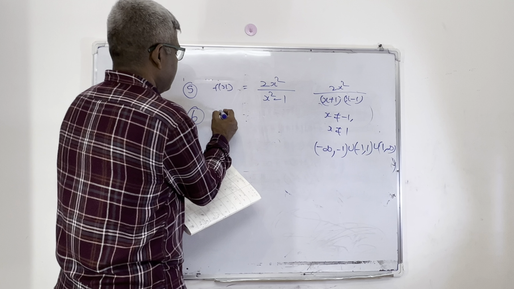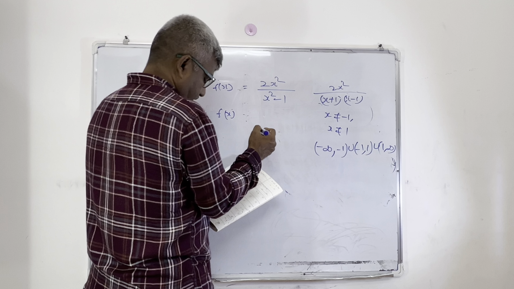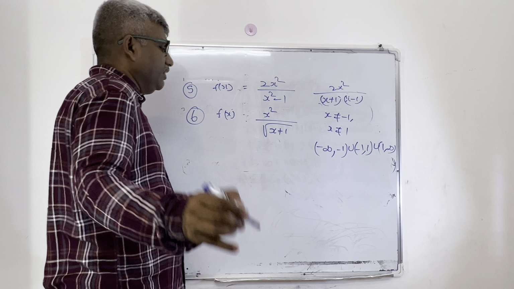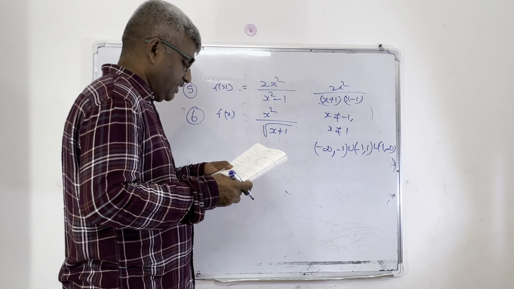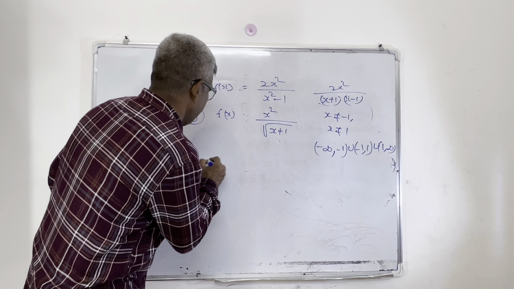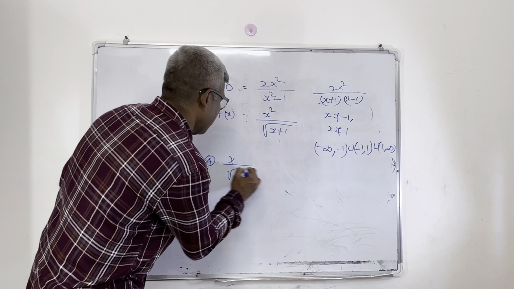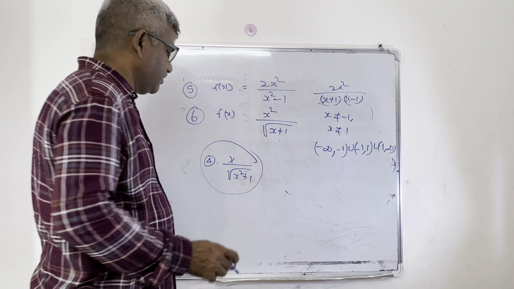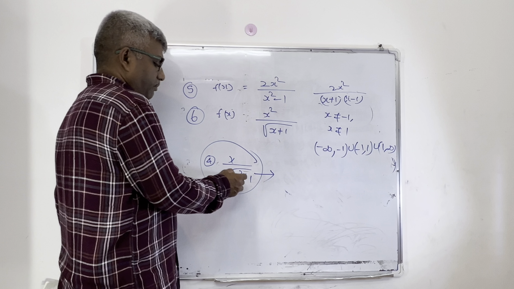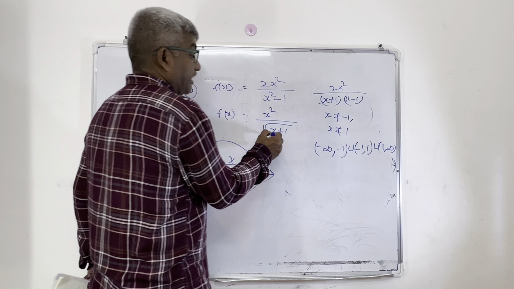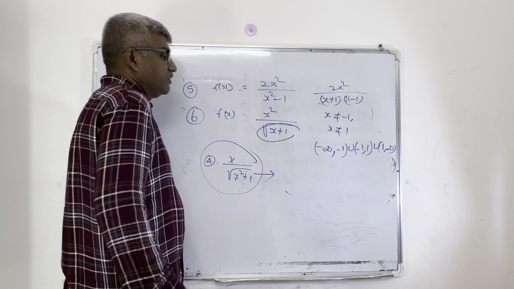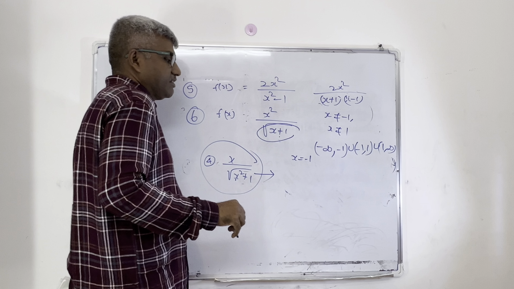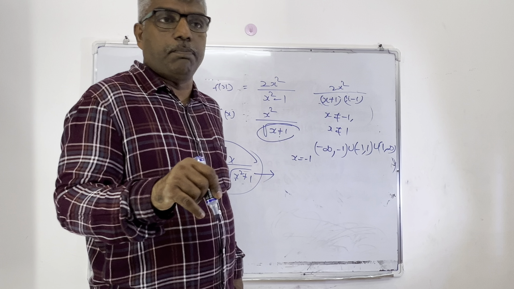Question number 6, f of x is x squared over square root of x plus 1. In example 4, we have seen x by square root of x squared plus 1. Here the denominator can never be 0, because of the square root of x squared plus 1. Here, the denominator can be 0 also, when x is equal to minus 1, but the square root should always be positive.